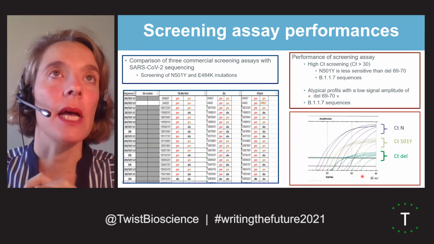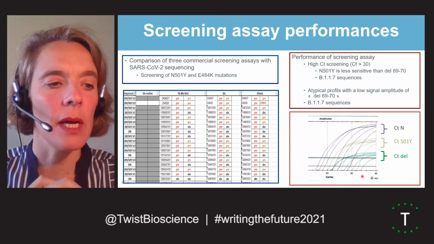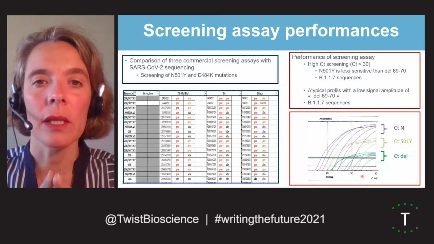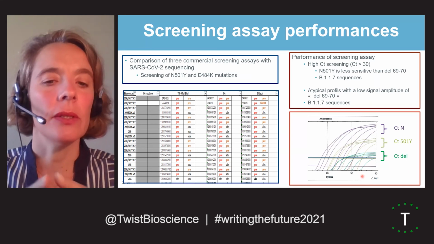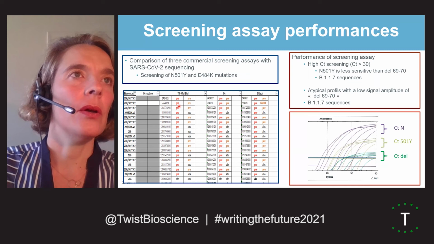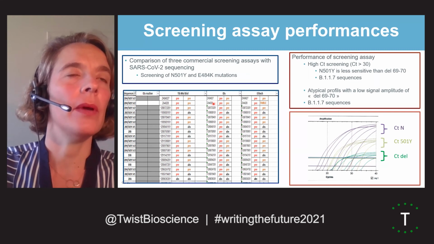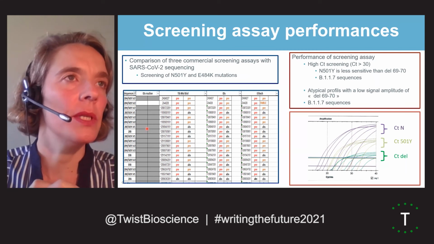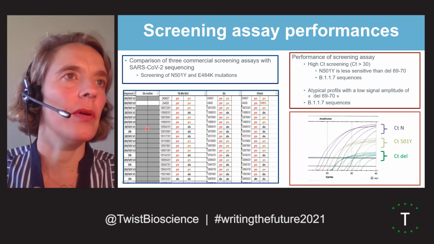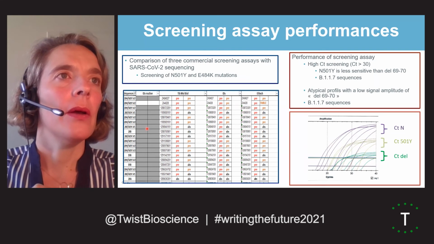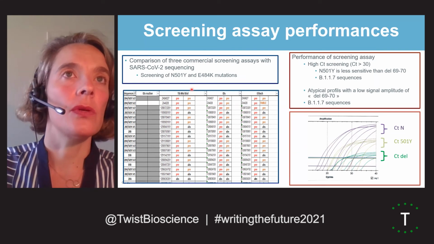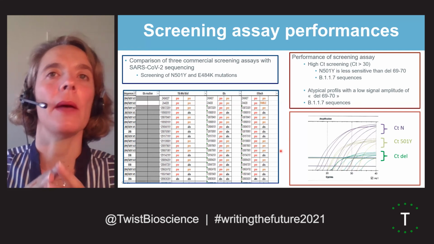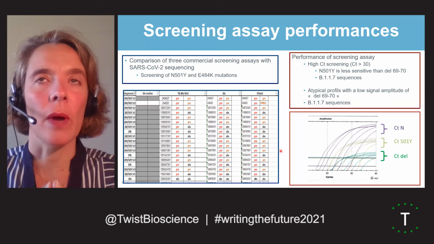Screening assays are second intention PCR in order to look for specific mutations such as 501 or 484. As you can see on the left, we compare with the gold standard, which is the sequencing of our swabs. There are very good results for these 3 assays with a statistical kappa between 0.8 and 1.